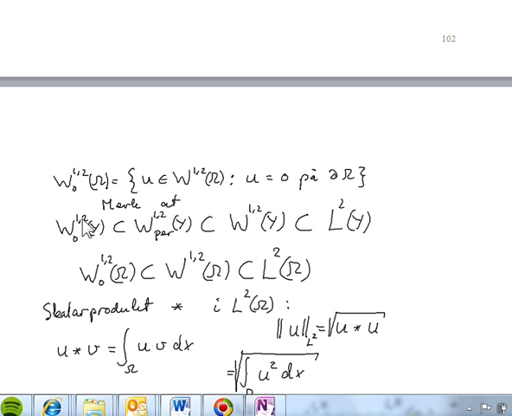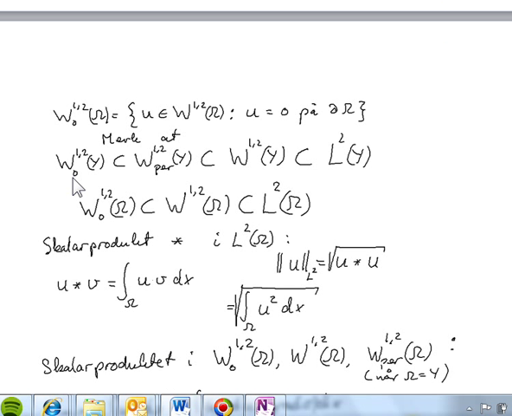The function space W0 of 1, 2 of omega is just the space W1, 2 of omega with the property that u is equal to 0 on the boundary of omega. In this case, omega does not need to be a rectangle.